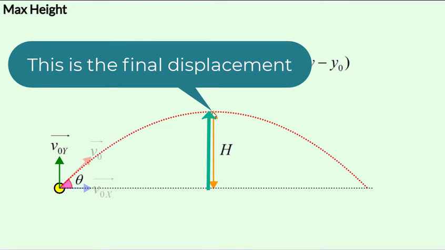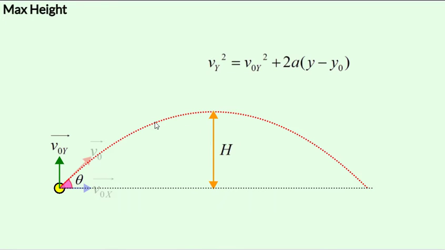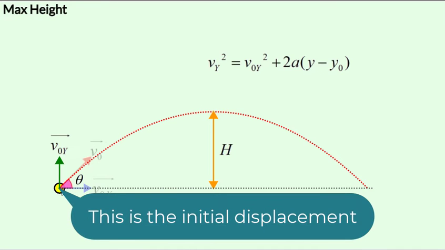The final displacement y would be the maximum height, because we are considering the motion from this point to this point. So the final displacement y would be the maximum height h, and the initial displacement here would be 0.